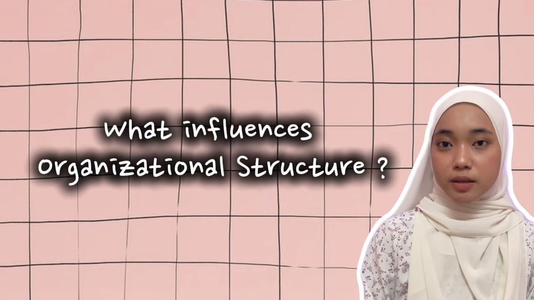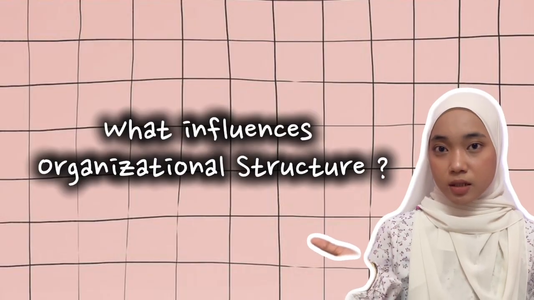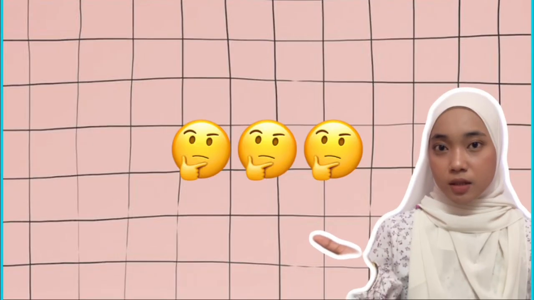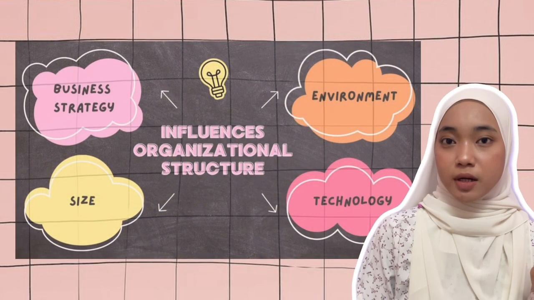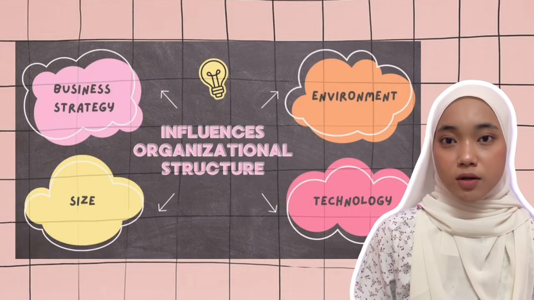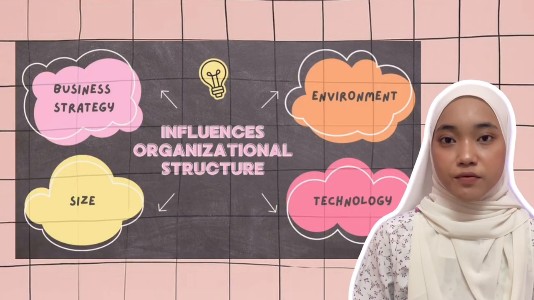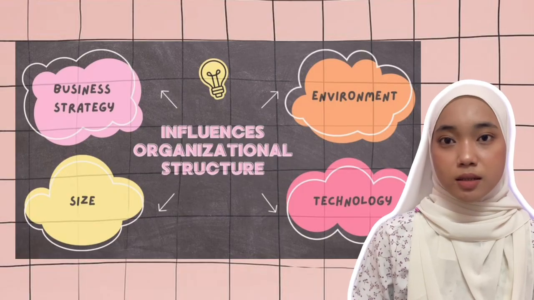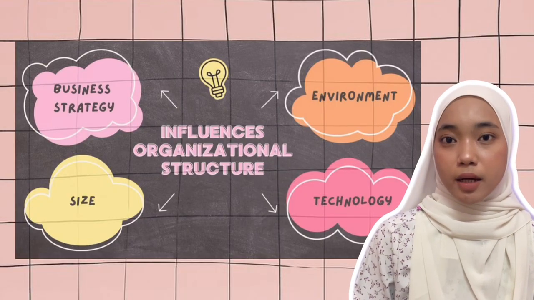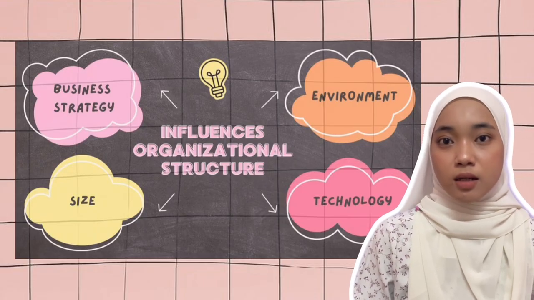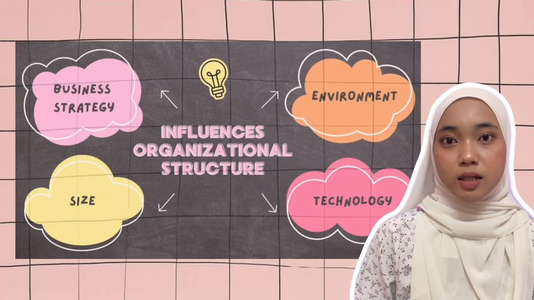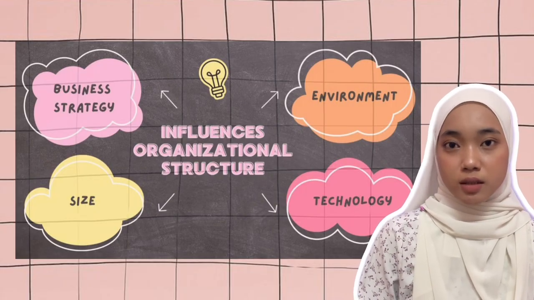What influences organizational structure? Several factors shape structure and influence design decisions. First, business strategy. A cost-focused strategy may favor efficiency and standardization, while an innovation strategy needs flexibility. Second, size. Larger organizations tend to adopt taller, more bureaucratic structures.